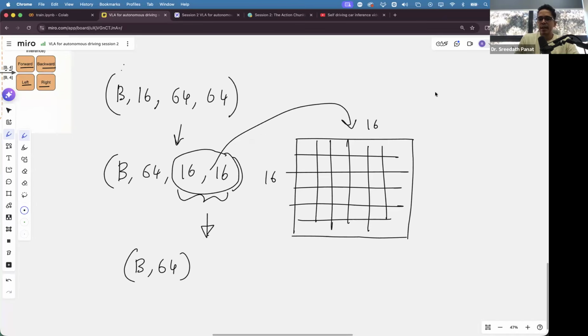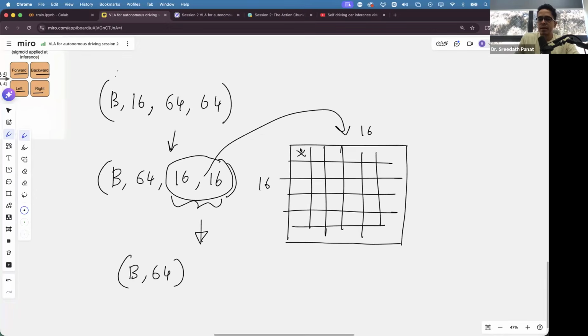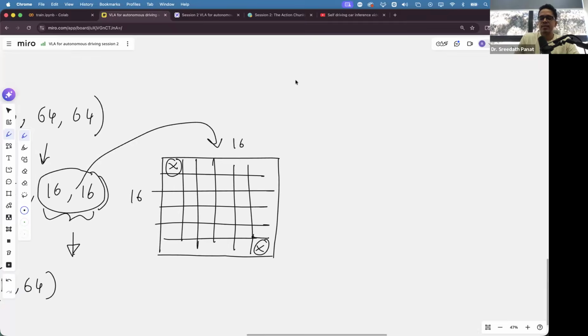Instead, what we should ideally do is some sort of tokenization where this 16 by 16 is converted into a certain number of tokens. And through those tokens, we can construct self-attention. That self-attention will help us pay attention between this part of the image and this part of the image, which is called long-range dependency, meaning pixels on two different far ends of the image should pay attention to each other.